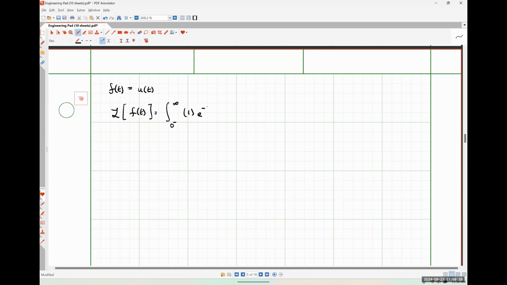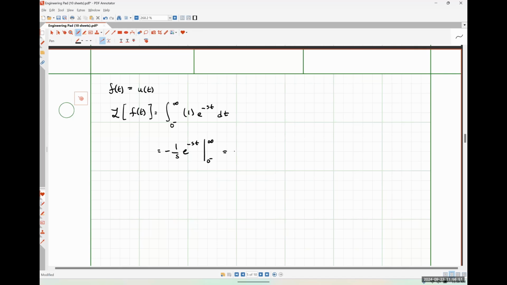So 1 times e to the negative st dt. This is a pretty straightforward and simple integral, right? I'll pull out a factor of negative 1 over s, e to the negative st, evaluated at infinity and 0 minus.